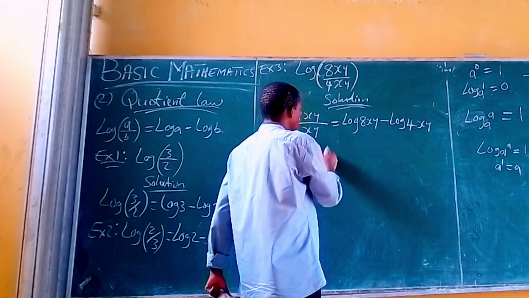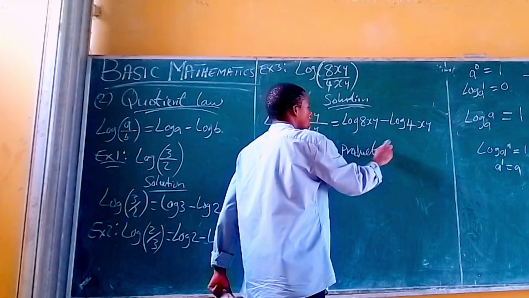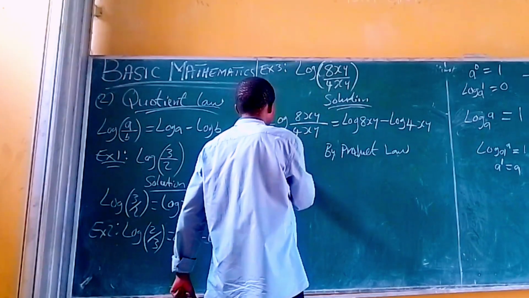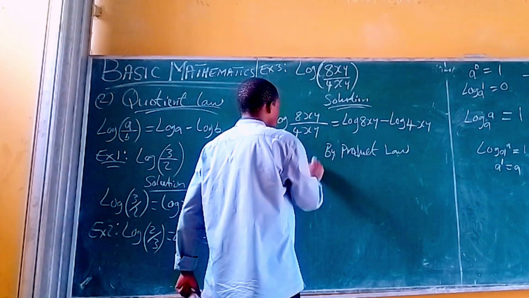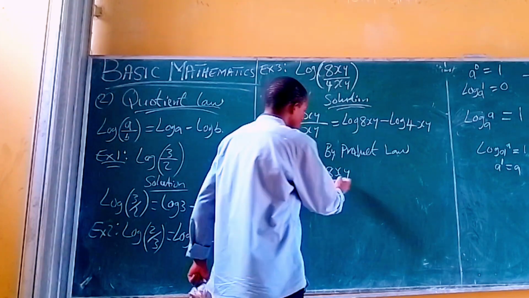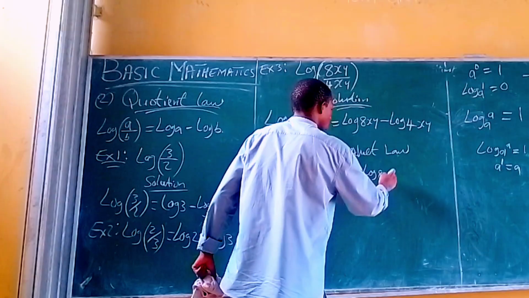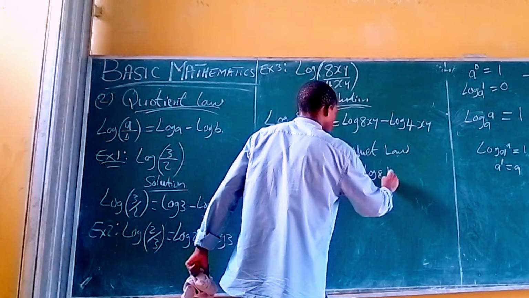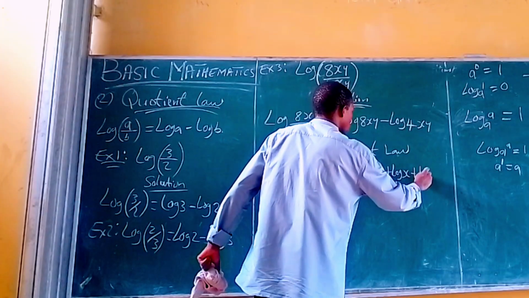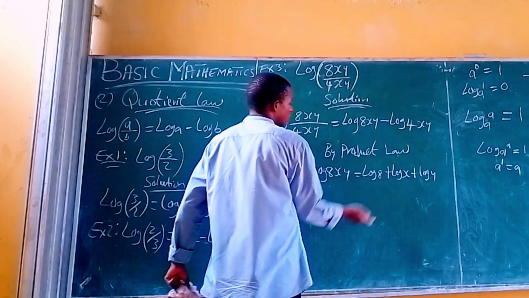So by the product law, log 8xy is log 8 plus log x plus log y.